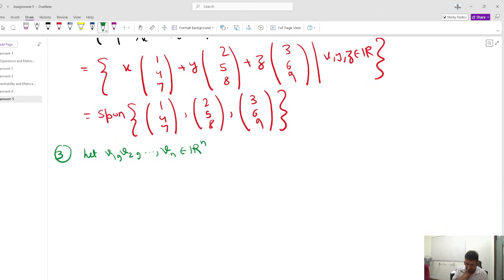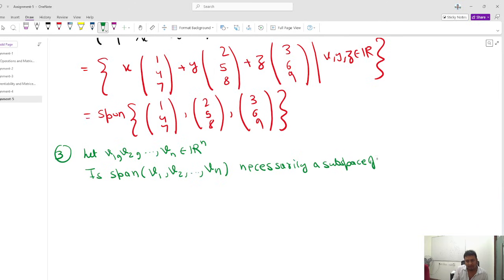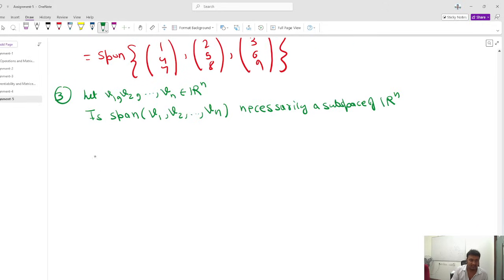Okay, so the question is: is the span of v1, v2, dot dot dot, vn necessarily a subspace of Rn? So, what is the answer?